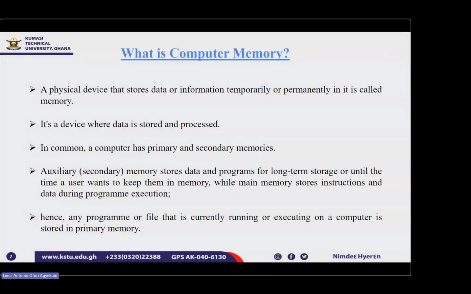So when you take your computer, in most cases, you would have an SSD, but not all the SSDs or the hard drives have operating systems on them. You may have partitioned some of the drive, and that can be termed as a secondary memory, or an external hard drive, which is used to store data for a long period of time, is what we term as a secondary memory.